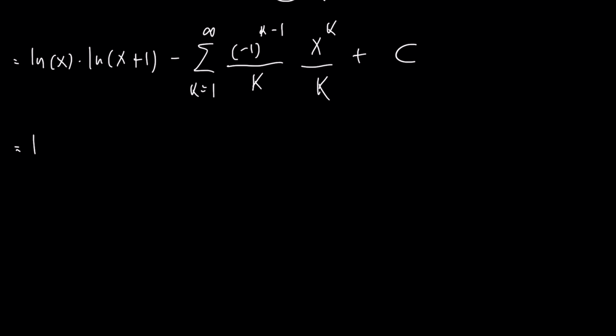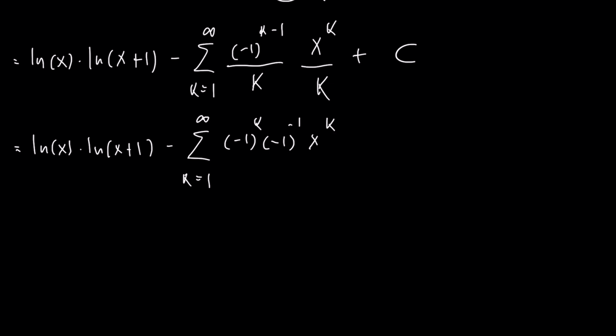Combining the k's, we have the natural log of x times the natural log of x plus 1 minus the sum from 1 to infinity. And while we're at it, we will decompose the negative 1 to the k minus 1 term. So we could write this as negative 1 to the k times negative 1 to the negative 1, x to the k over k squared plus c.